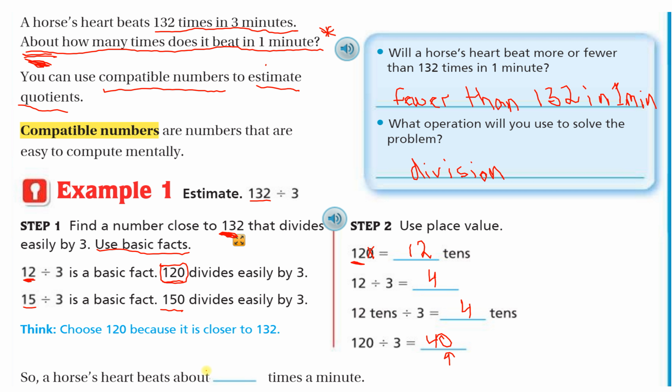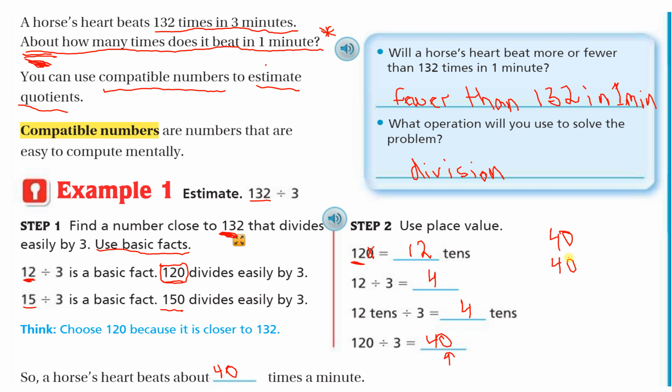So a horse's heart beats about 40 times a minute. And let's check that now. Let's go back and use our reasonableness, right? Check our answer. Well, 132 times in 3 minutes, and this answer says 40 times in 1 minute. If 1 minute passes, that means the horse's heart would beat 40 times.